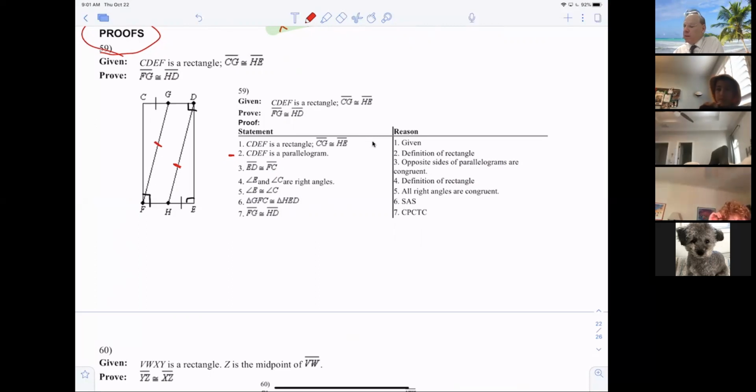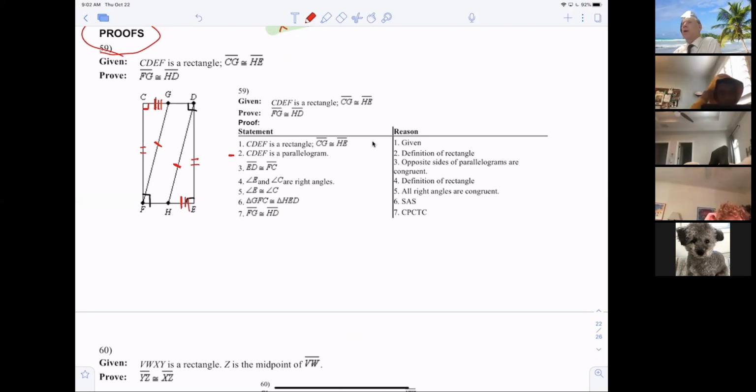So we know that ED is congruent to FC because opposite sides of a parallelogram are congruent. We know that angle E and angle C are right angles. That's the definition of a rectangle. And then we know that CG was congruent to HE because that was given. So now the triangles are congruent by side angle side.